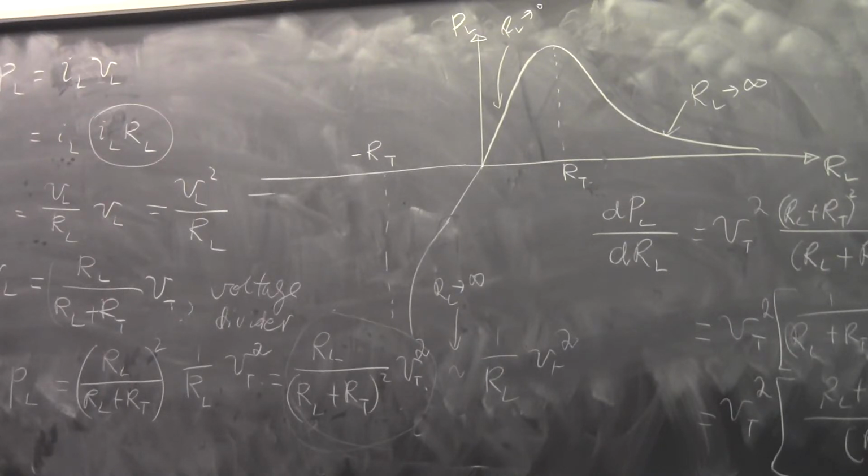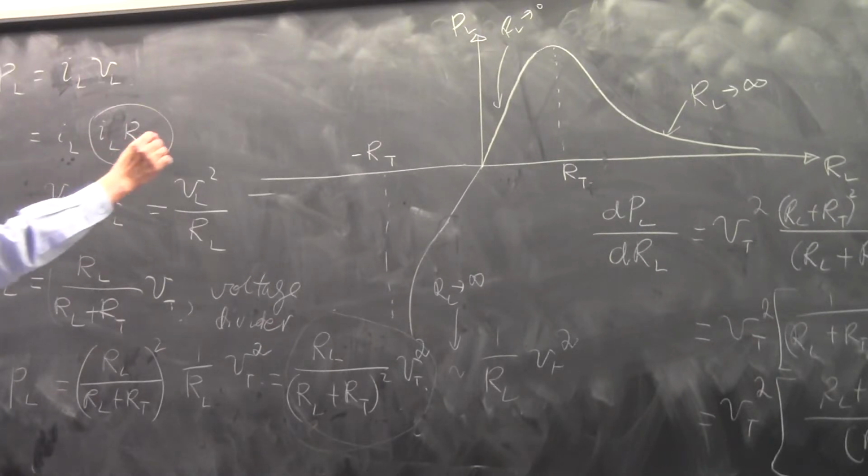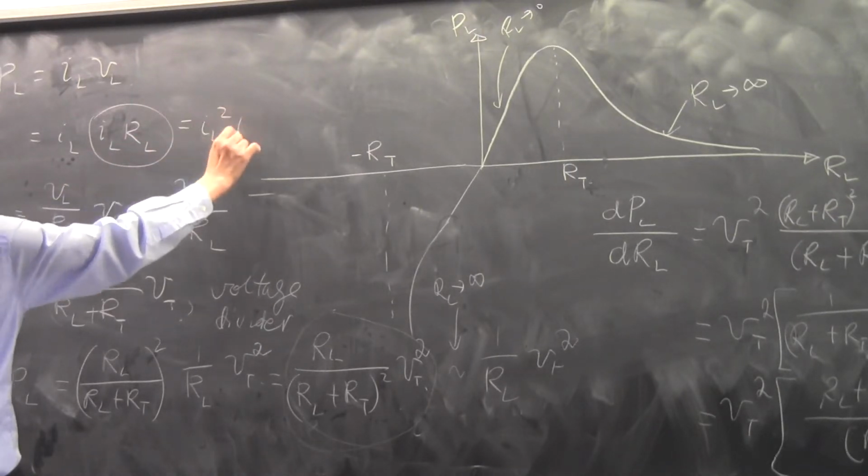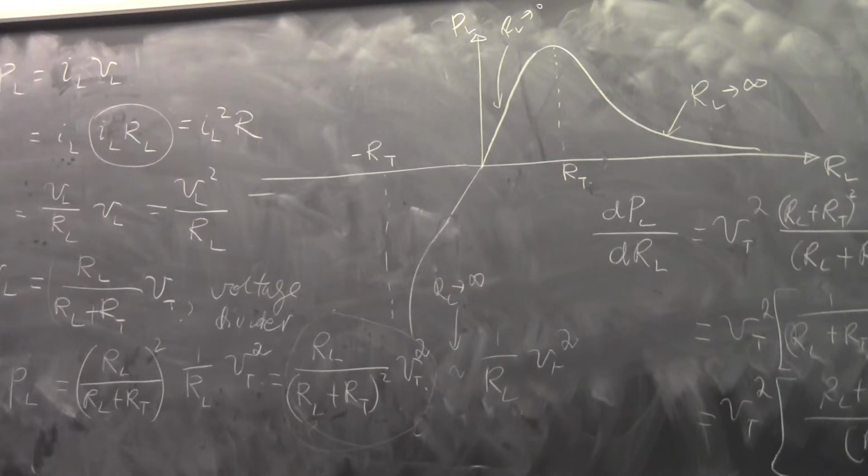Okay, so it can be written two ways, as we have done before. Written in terms of I squared R, which is I_L squared R_L, or in terms of V_L squared over R_L.